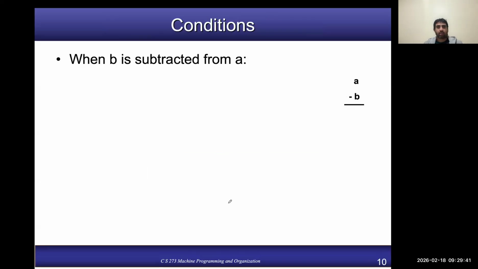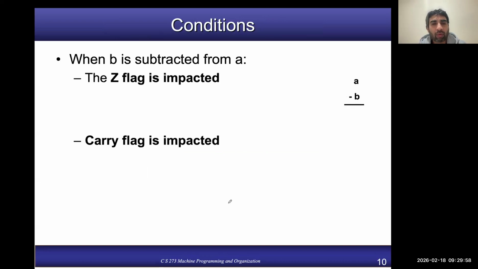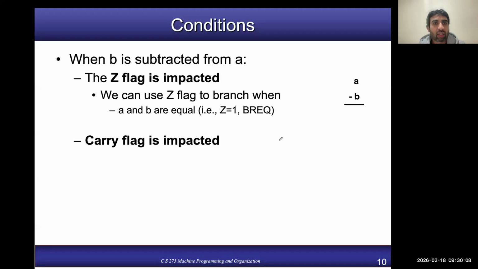Now let's have a look at a more concrete example where we can use these branch instructions. Let's say we have two numbers A and B, and we are subtracting B from A. When we subtract B from A, both the Z flag and the carry flag will be impacted, just like I have shown you earlier on OneNote. So we can use the Z flag to branch when A and B are equal.